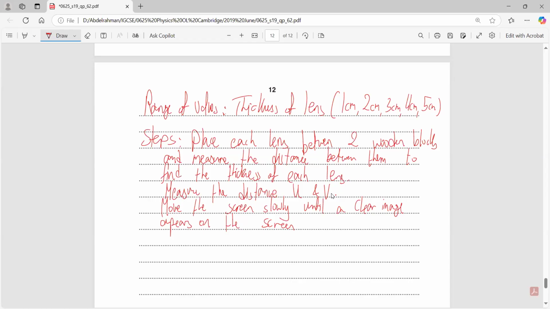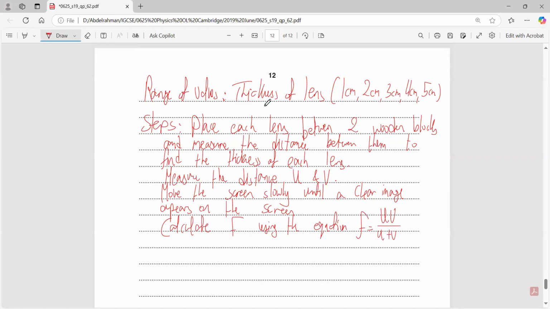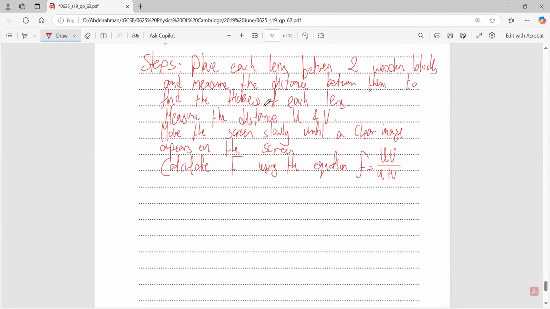Then, what should I do? I wrote down the steps. I can calculate F now using the equation F equals UV over U plus V. That's easy. Then, can I draw a table? Yes, I can draw the table.